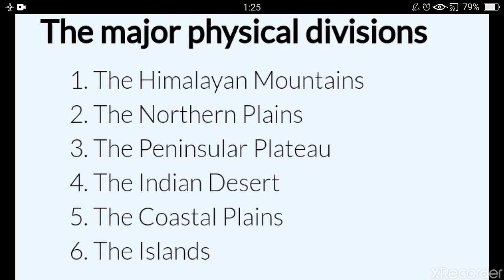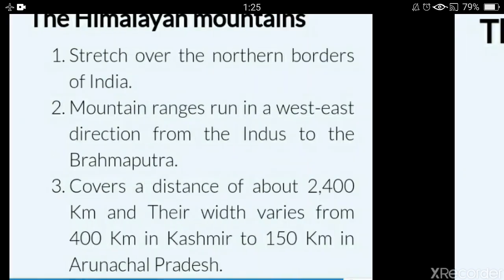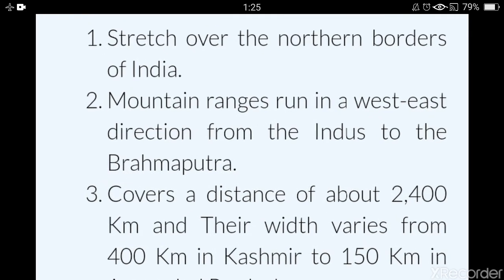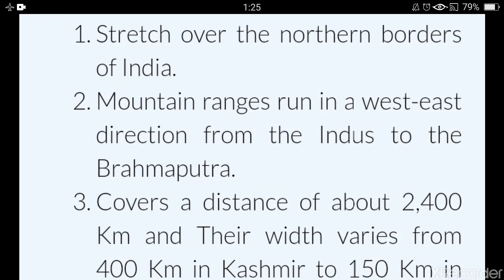First of all, we would start with the Himalayan mountains. As we have seen in the map, the Himalayan mountains stretch over the northern borders of India. The mountain range runs in the west to east direction, from Jammu Kashmir to Arunachal Pradesh, that is from the Indus to the river Brahmaputra.